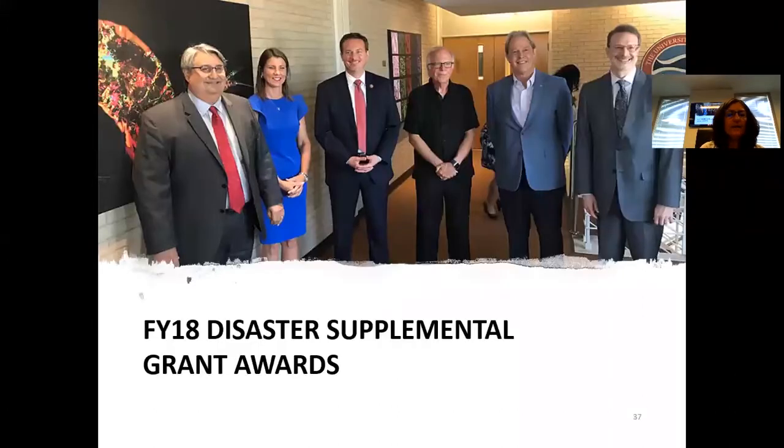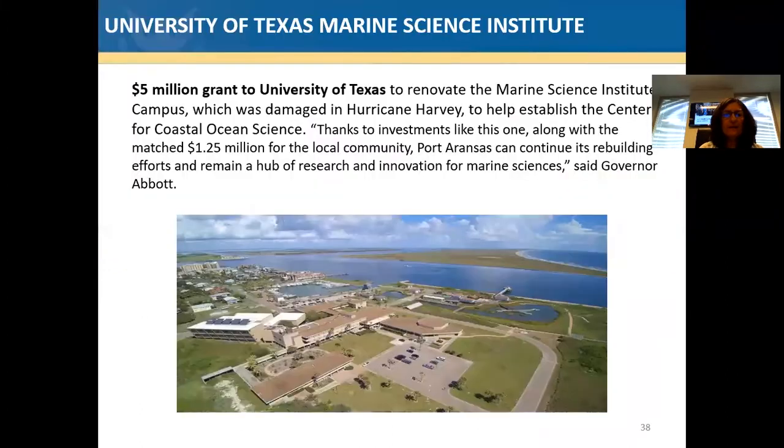Just quickly, these are some awards that we have given out using our money from 2018, and all of this is listed. Much of this is on our website, just highlighting a few projects, one in Texas, to help repair damage to this Marine Sciences Institute.